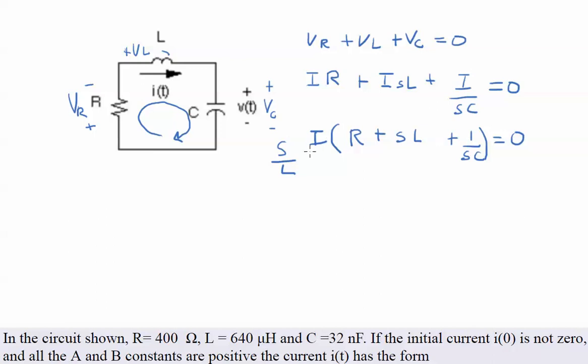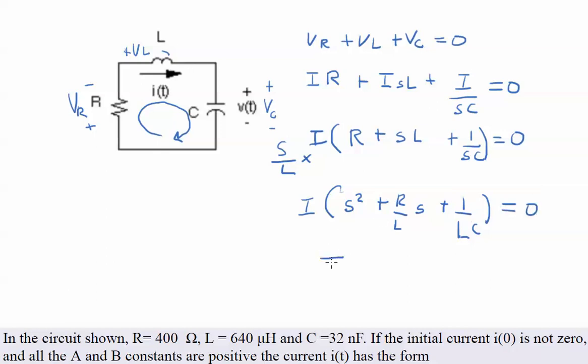Trust me, your life is going to be easier if you just do it this way. So then we get S squared plus R over L S plus 1 over LC.